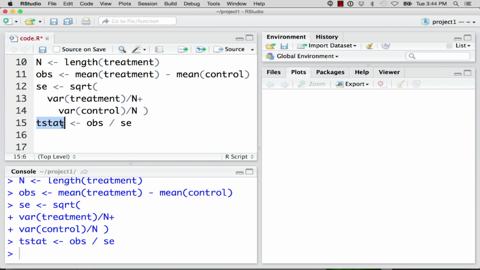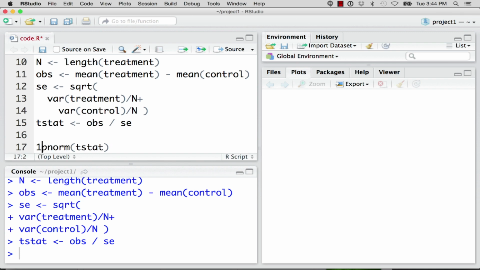So the t-statistic central limit theorem is telling us the null distribution is approximated by a normal distribution with mean 0 and variance 1. So that means that we can compute p-values by simply computing that. The function pnorm tells us what proportion of normally distributed data with mean 0 and standard deviation 1 are lower than whatever value you put here.